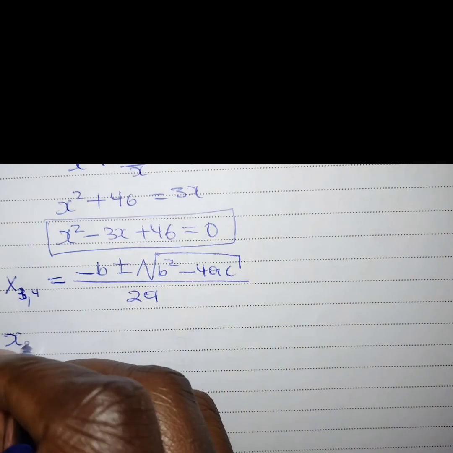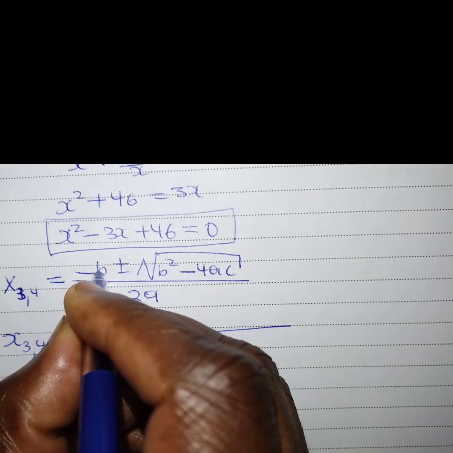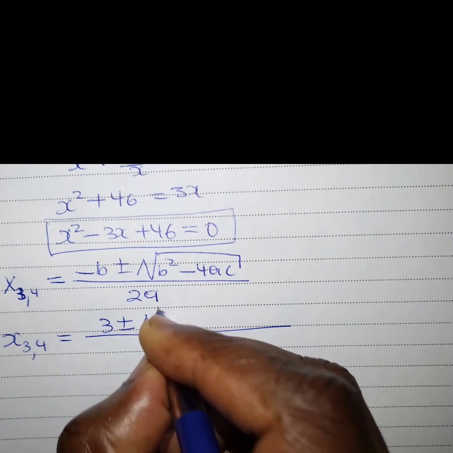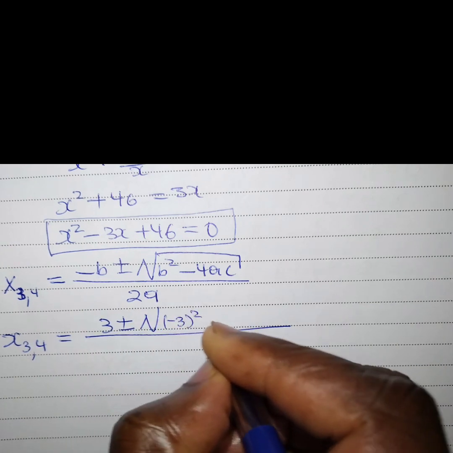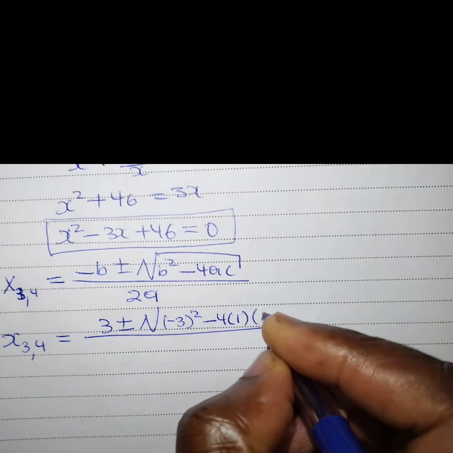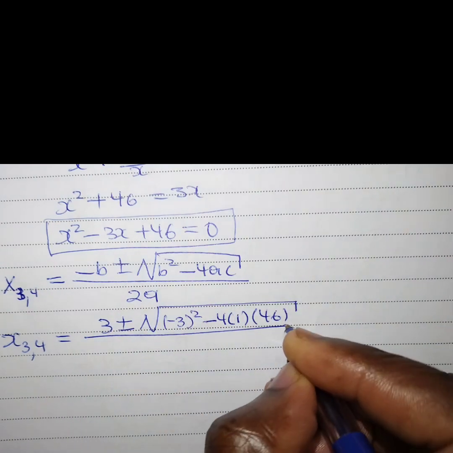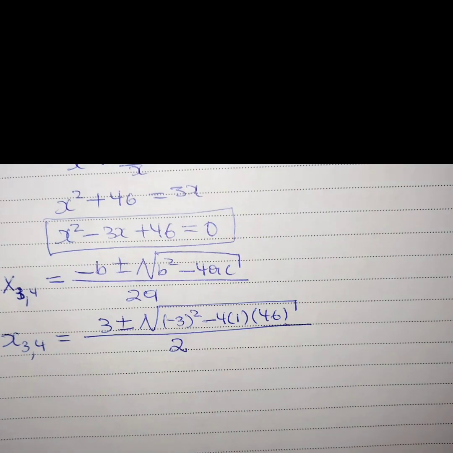Then x3, 4 will be equal to, replacing the values, 3 plus or minus square root of minus 3 raised to the power 2 minus 4 into 1 into 46, all over 2 times 1, which is 2.